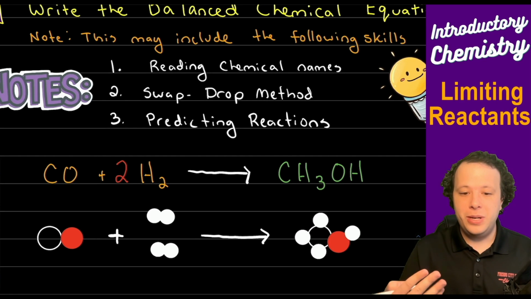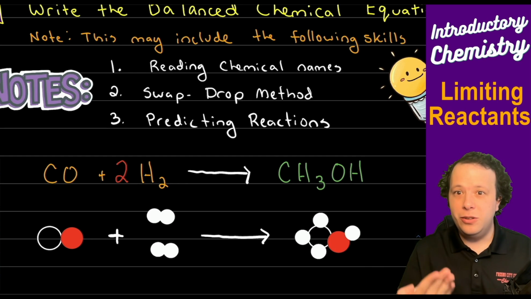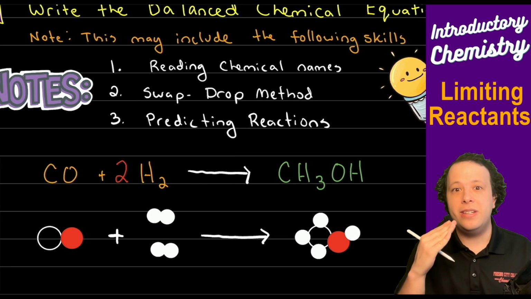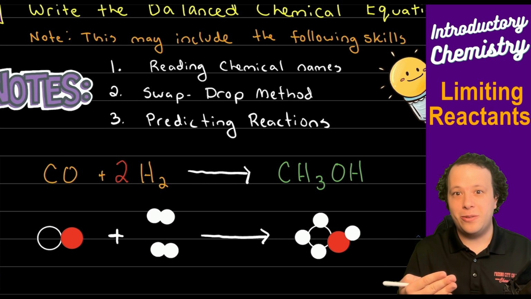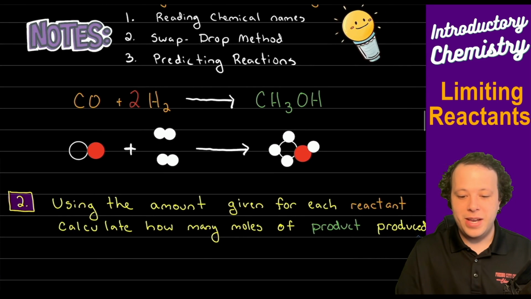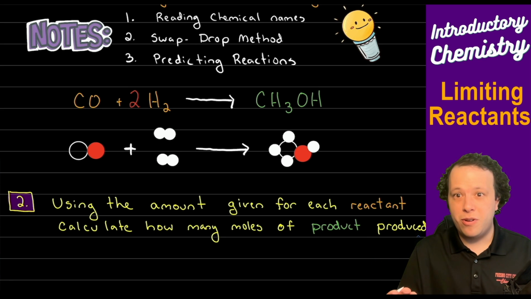Being that we were given a bunch of starting ingredients, we can do some little mole to mole calculations to try to solve for what is going to be running out in our chemical reaction. So let's try to figure out, using the amount of each given reactant, how we can calculate the amount of each product produced.